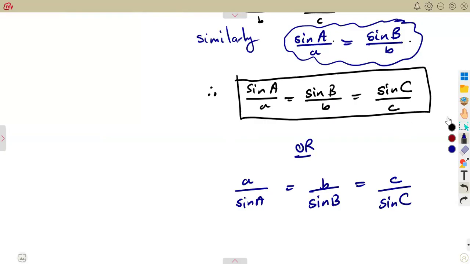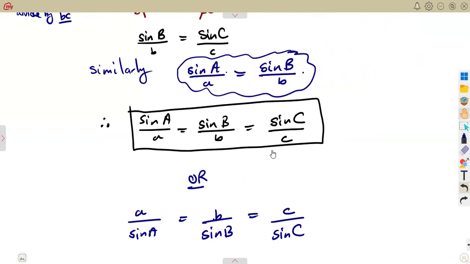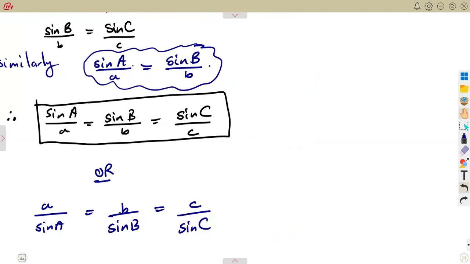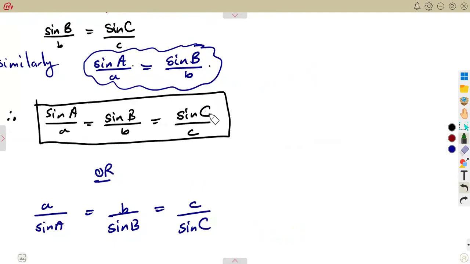In our next class, we are going to talk about the applications, not like in real life, but the normal problems where the sine rule is to be used. It is best, whenever you are calculating angles, to write the angles on top. Whatever you're calculating, let it be the one on top.